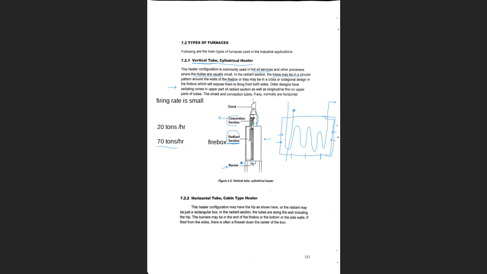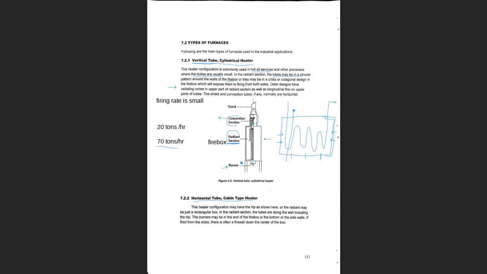In the second type, guys, you'll have what is known as the horizontal tube cabin type heater. Obviously in this kind of furnace, the tubes inside the convection section and in the radiant section or the firebox are arranged horizontally.